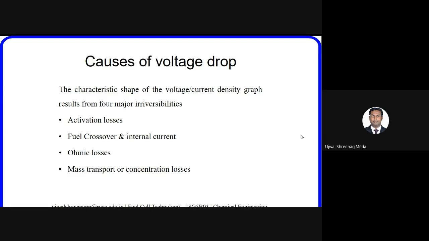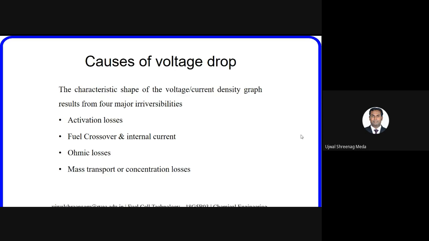The amount of fuel that gets diffused through the electrolyte and gets consumed at cathode will not result in flow of electrons through the external circuit. So even though this quantity of fuel is consumed at cathode, it will not aid in generation of electricity. So that is considered as a loss, which is defined as fuel crossover.